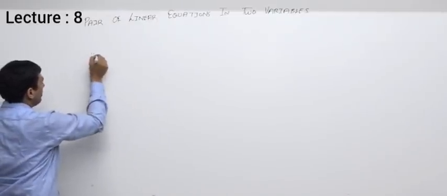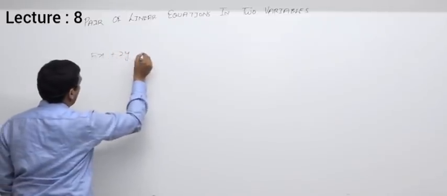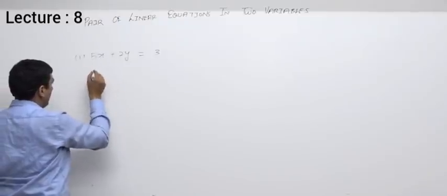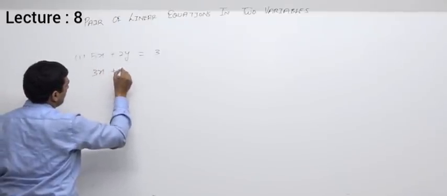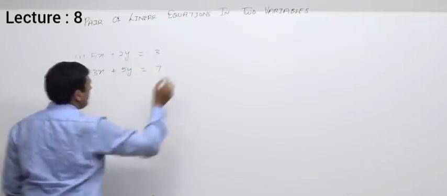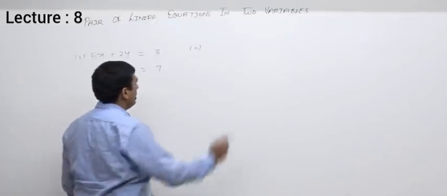The equations are 5x plus 2y equals 3, this is the first question, and 3x plus 5y equals 7. Let me take one more example, then we'll solve all these three questions simultaneously.